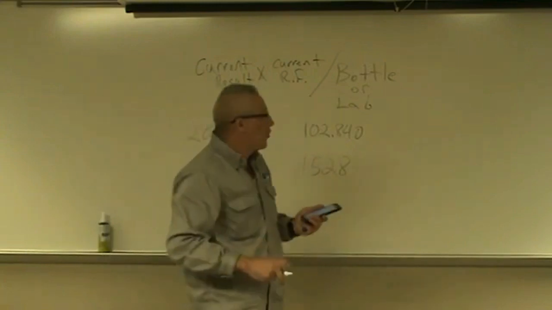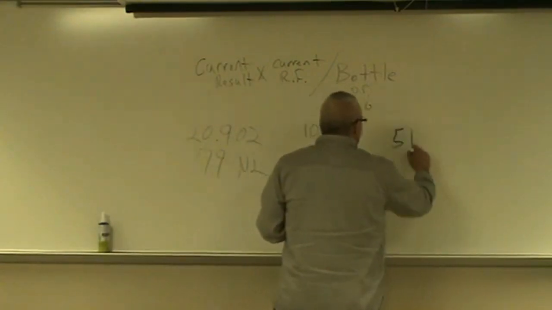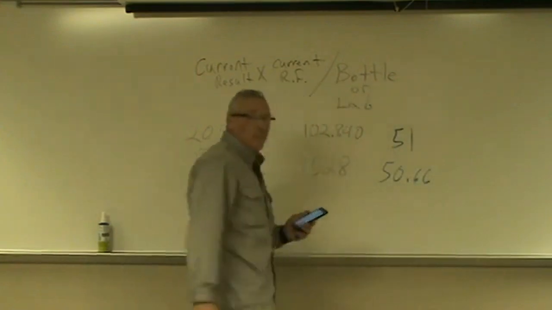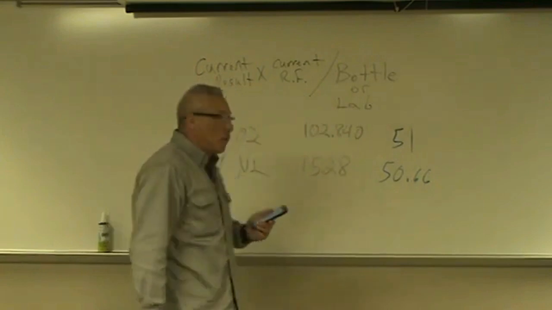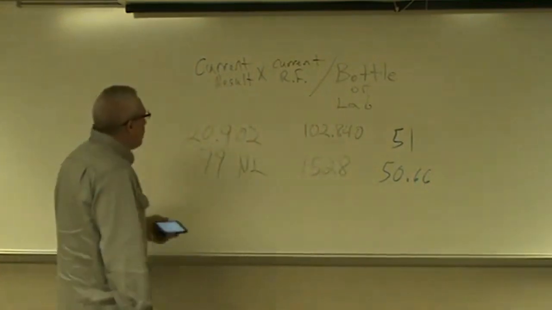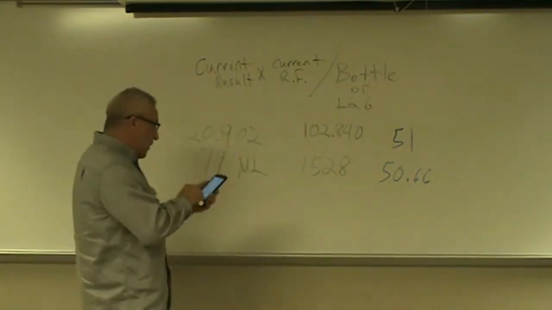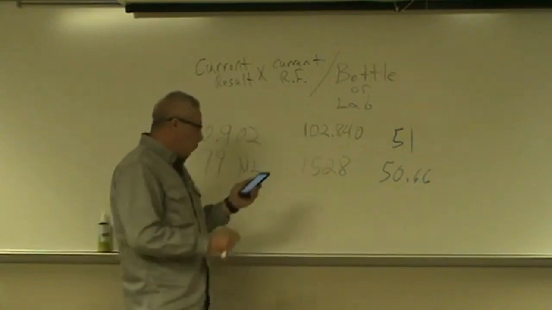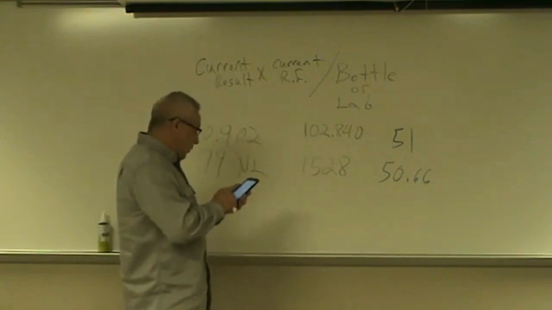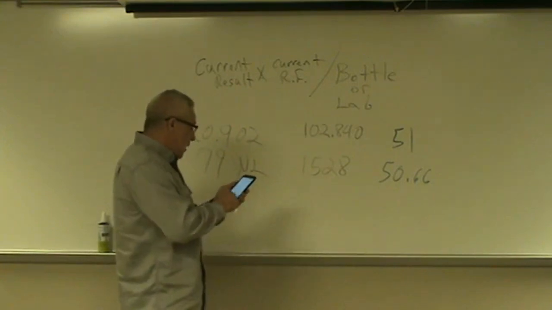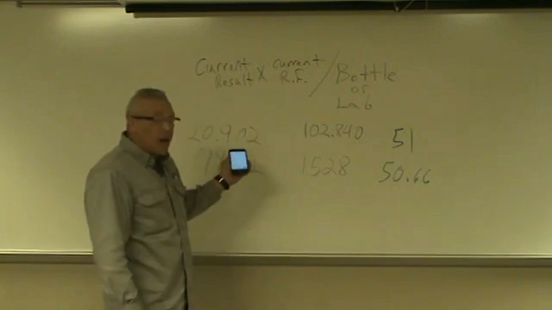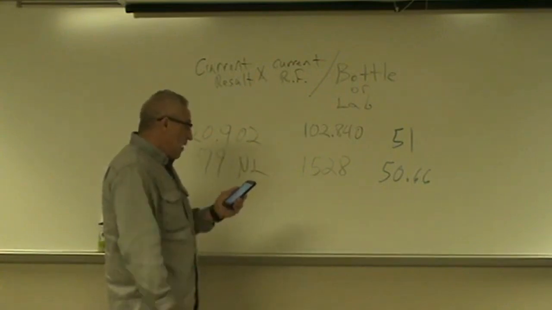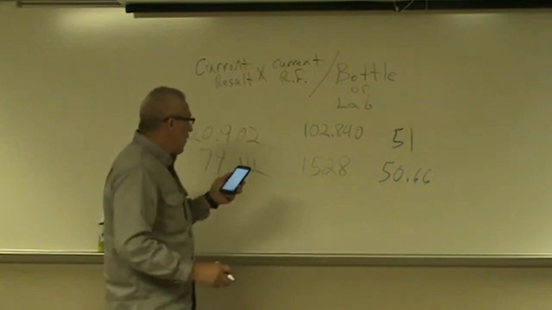We are saying our current result is 51 and 50.66. So if we say our current result of 51, we're going to multiply that by the response factor of 102.84, divided by our standard 20.9, that's going to give us 250.